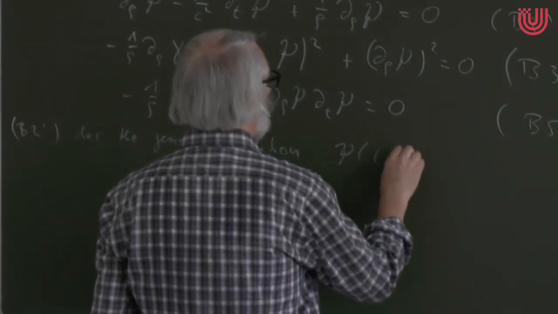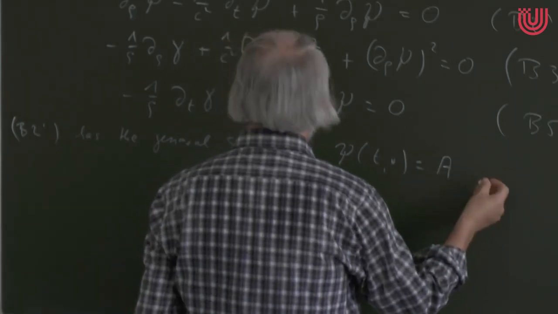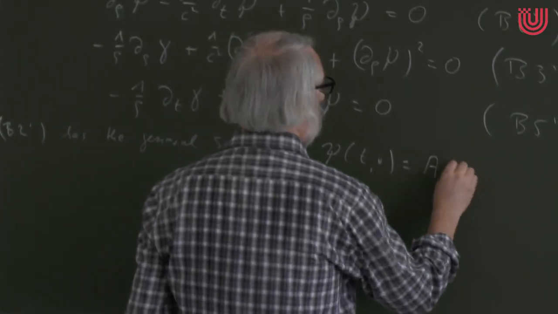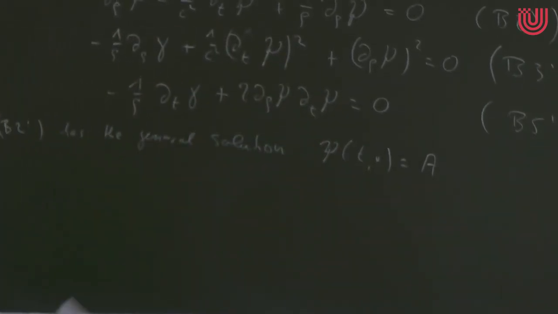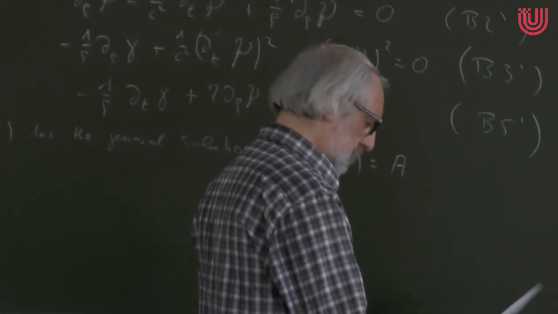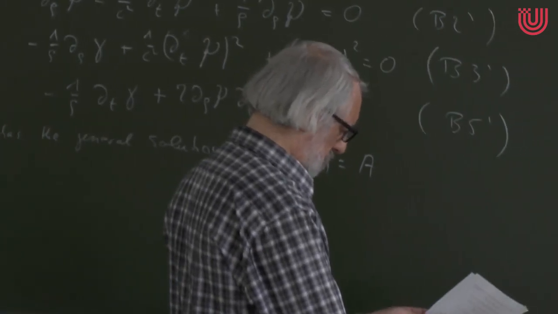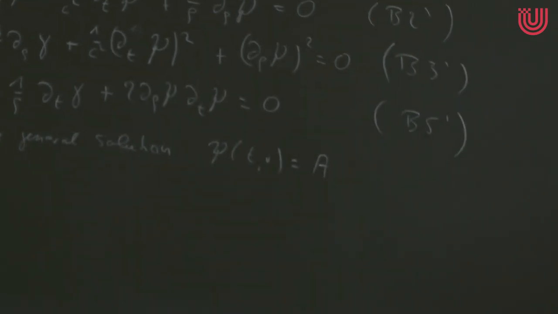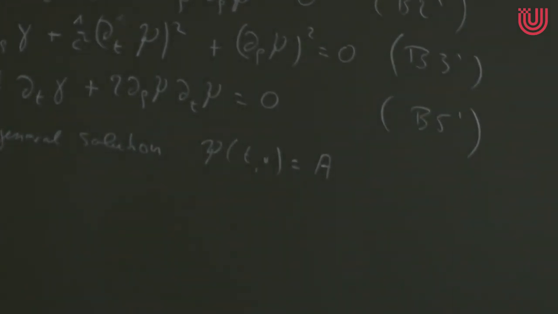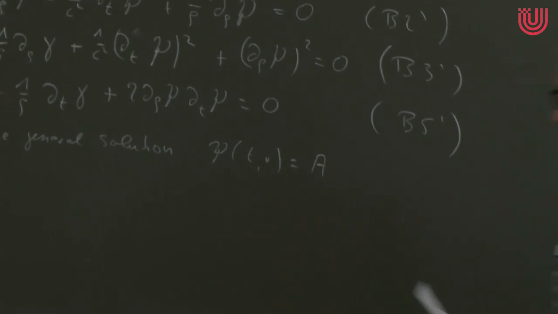Psi of t and rho is a, and now comes the product of the Bessel functions and the time factor. Yes, I use the real representation.